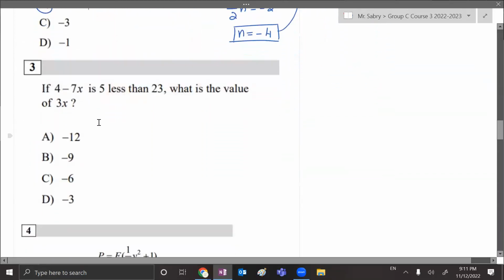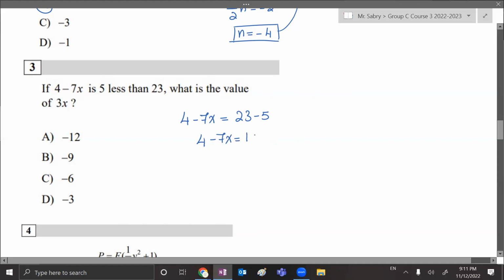Now if we check number 3, 4 minus 7x is equal to 5 less than 23, which means 23 minus 5. So now 4 minus 7x equals 17.